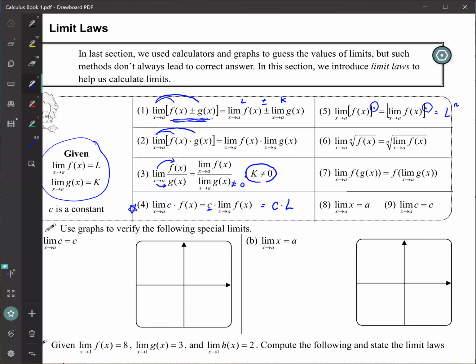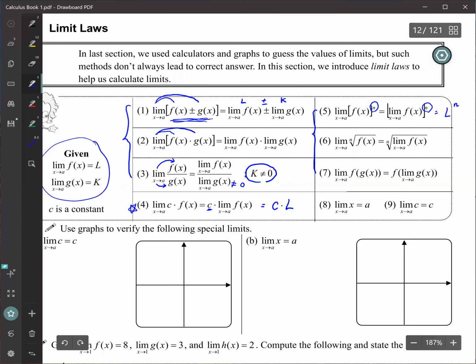Am I going too fast? Is anybody lost here? Okay, so the first three rules are about sharing. You share the limits. Number 4 itself is a special one: you pull the constant out. Number 5, number 6, you can think of as a package as well.